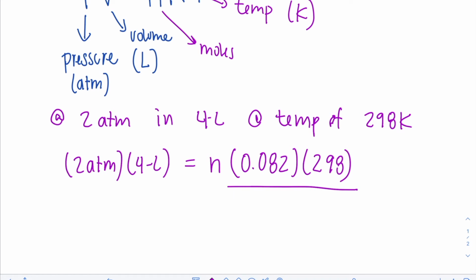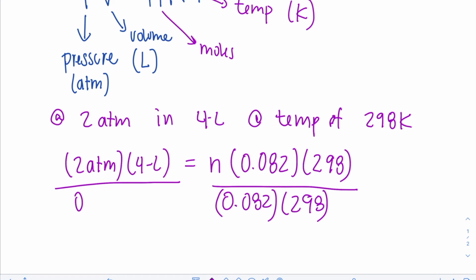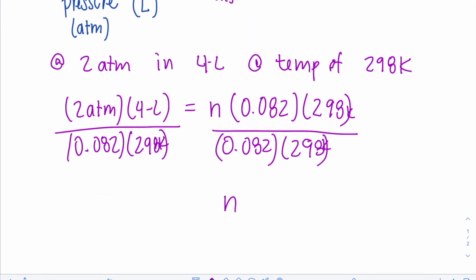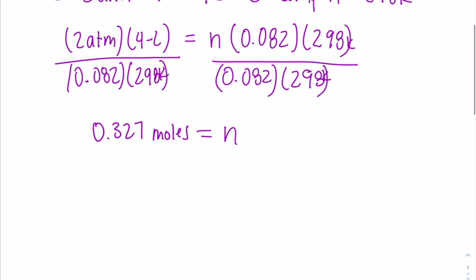And so to solve for this problem, we'd isolate N. And in doing so, we isolate N, and you'll get 0.327 moles.